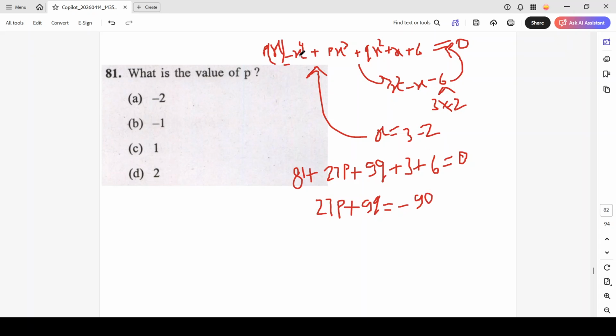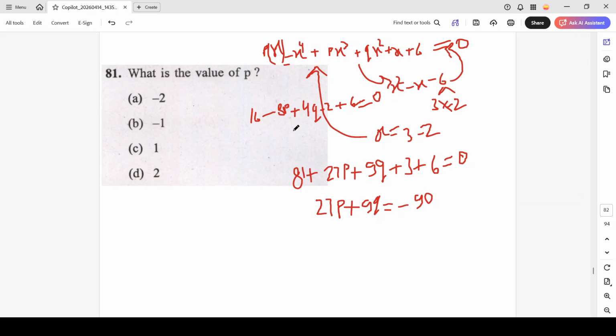Now put minus 2 into this: that means 16 minus 8p plus 4q minus 2 plus 6 is equal to 0.